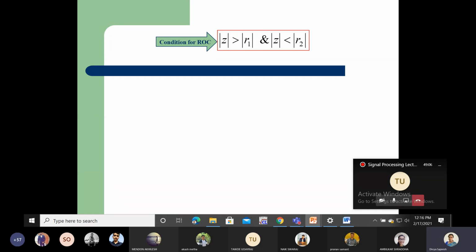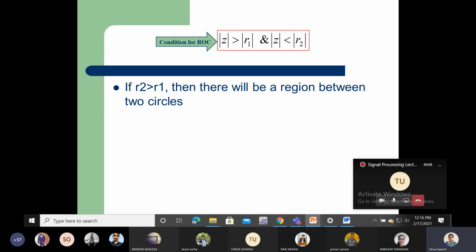Okay, so how will you define it? First you assume that the radius R2 is greater than R1, then there will be a region between two circles, isn't it? R1 and R2 are two circles, and we are assuming that R2 is greater than R1.